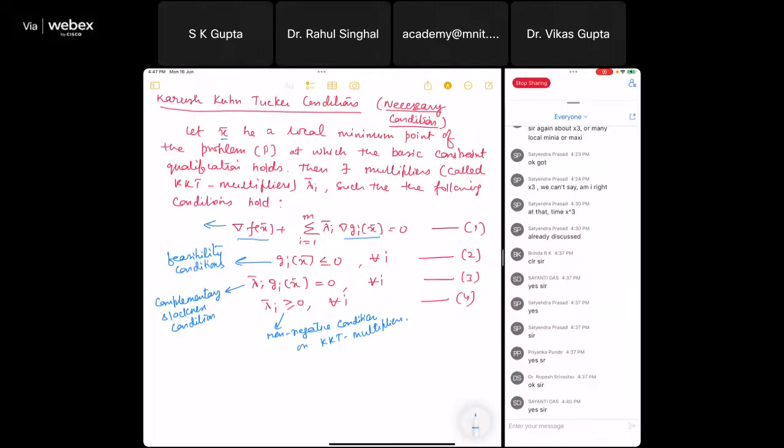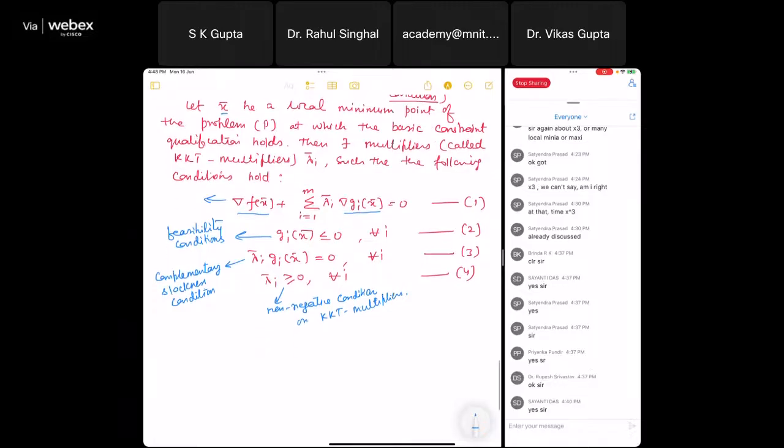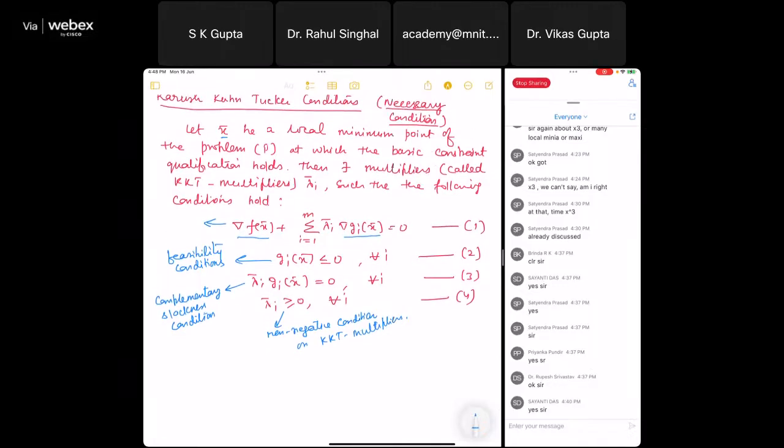If a point x bar is a point of local minima, then there always exist some lambda bar such that the following conditions hold. This is a necessary condition.